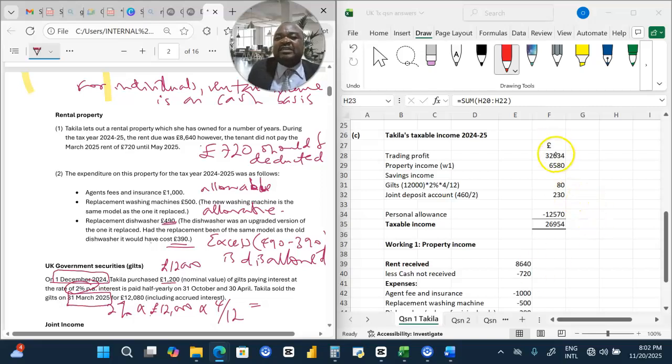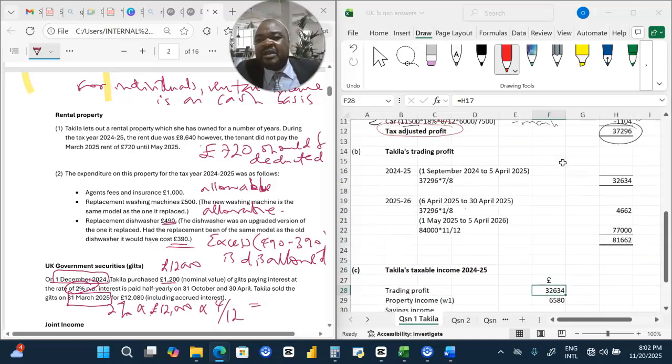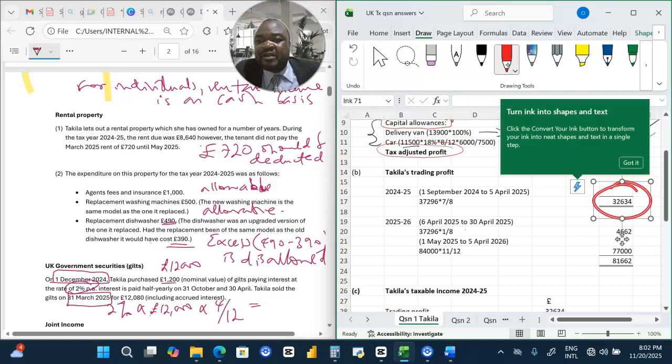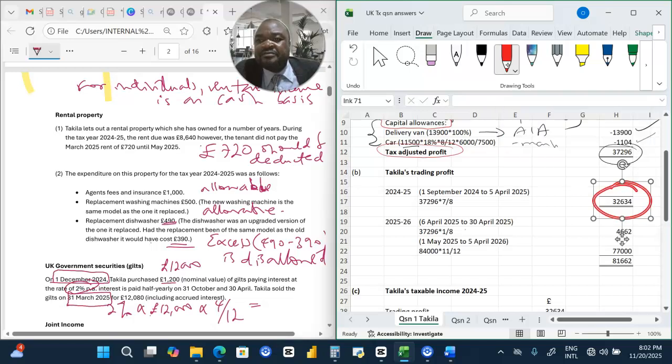Of course, the trading profit is the one which we computed in part B. Remember, the figure which is relevant there is the one which has been adjusted from part A by the 7/8, by the 7 months period. So that's the amount we are still using.